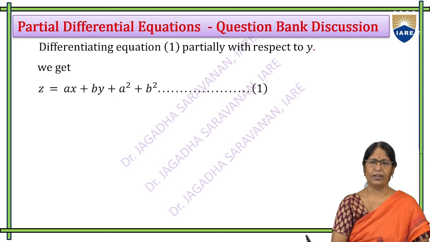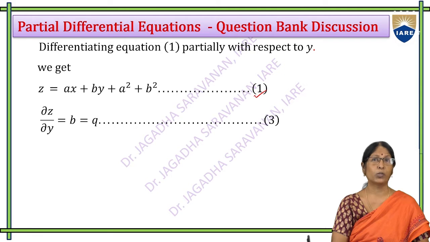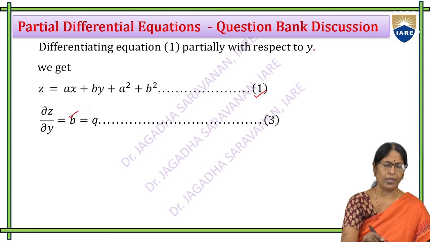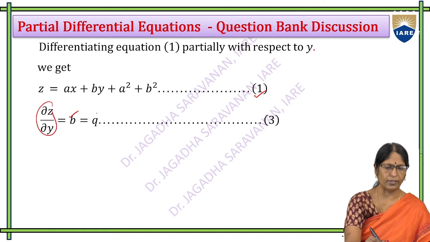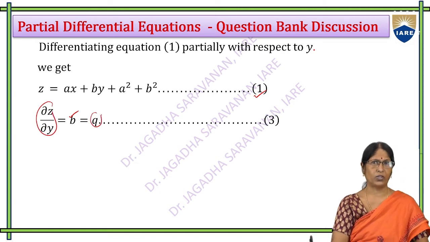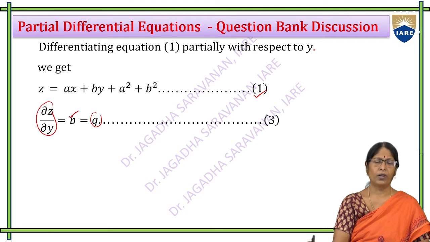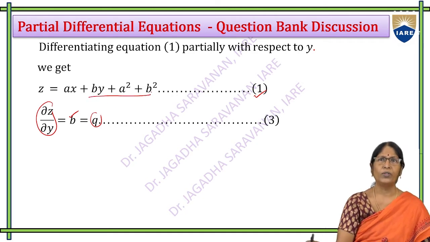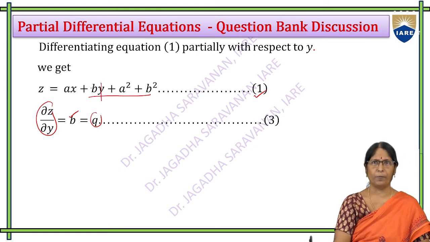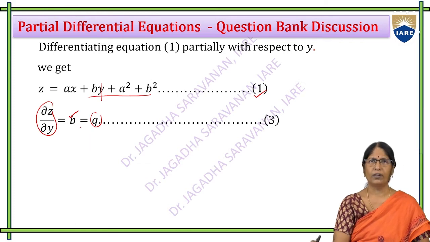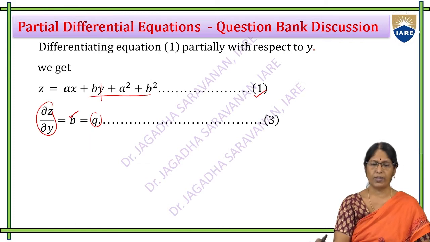So with that idea, in the given question, with respect to y we are partially differentiating, that is our b. This notation is nothing but, we know, q. According to our question, with respect to y the differentiation is 1 into b. So q equal to b. So wherever b is, if we replace it with q, b will be eliminated.